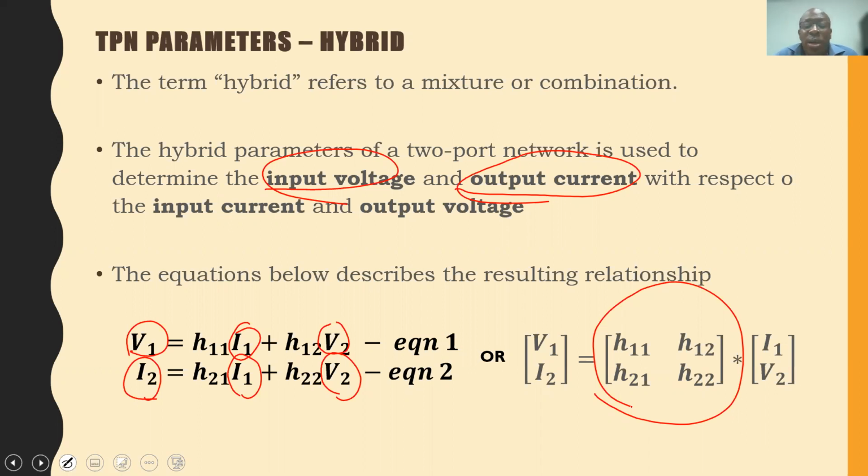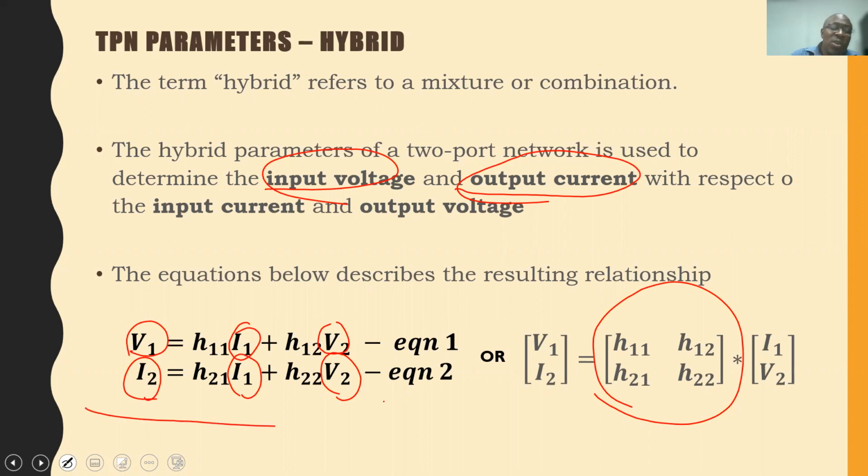So for H11, it would be a parameter in port 1 divided by another one in port 1. 12 is port 1 by port 2, 21 is port 2 by port 1, and 22 will be port 2 by port 2. All right?